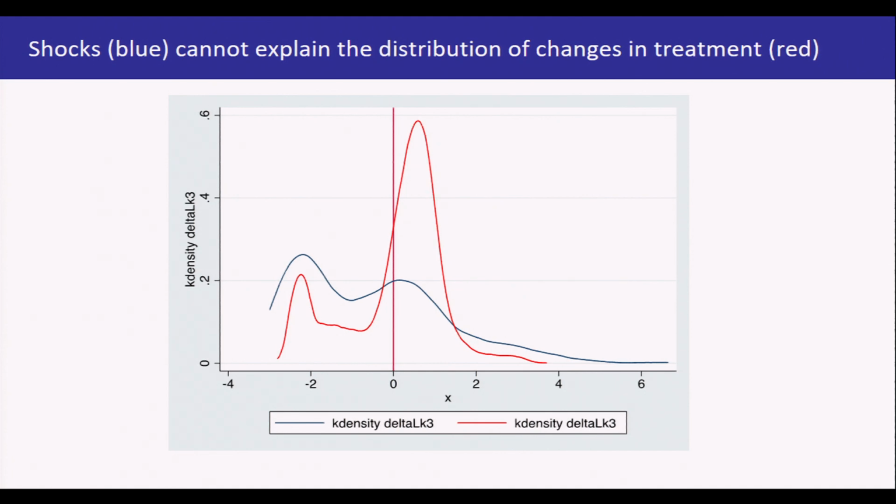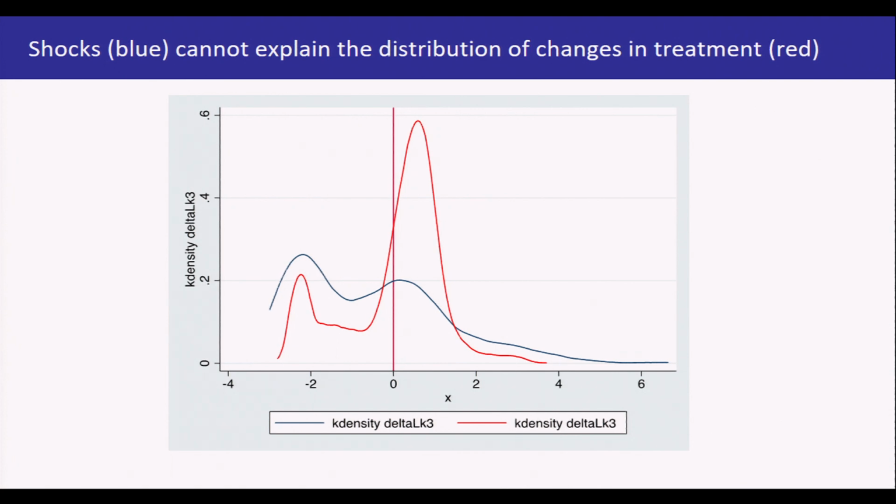And then there is a bigger mass at about 1 or like 0.8. And that means that 2 years after the transfer, you have whatever BRAC gave you plus about a quarter or a third more. That's in treatment.